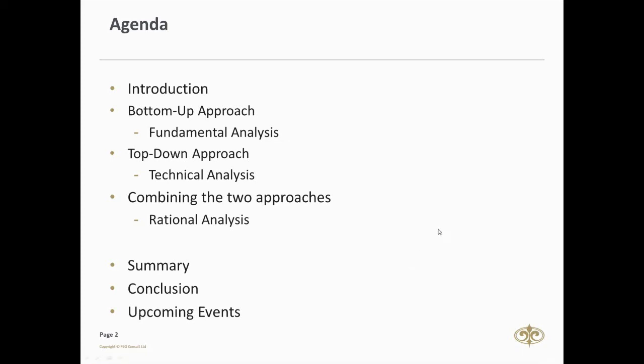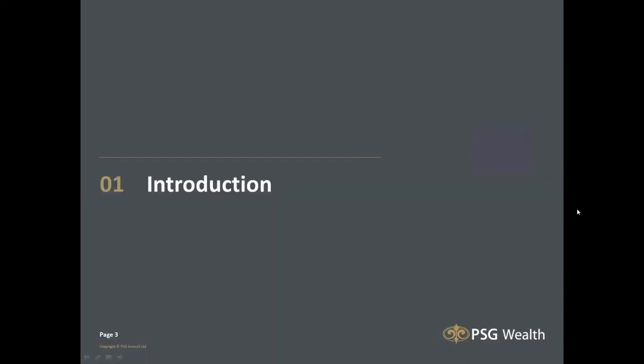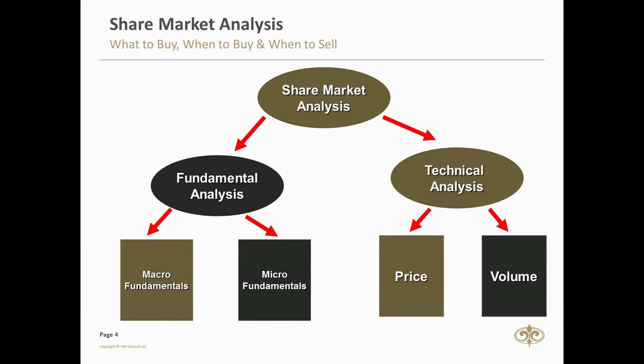As a quick introduction, there are three things you need to know. Bottom line, to make money in the stock market, you need to know what must I buy, when must I buy, and when must I sell. To answer those three questions, we break it into two approaches to the market. Some of you might be more fundamentally orientated, looking at the financial statements of the company, the big picture, the economy and things like that.